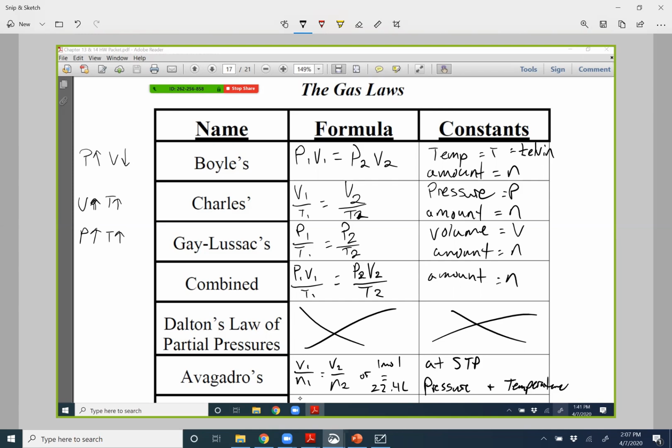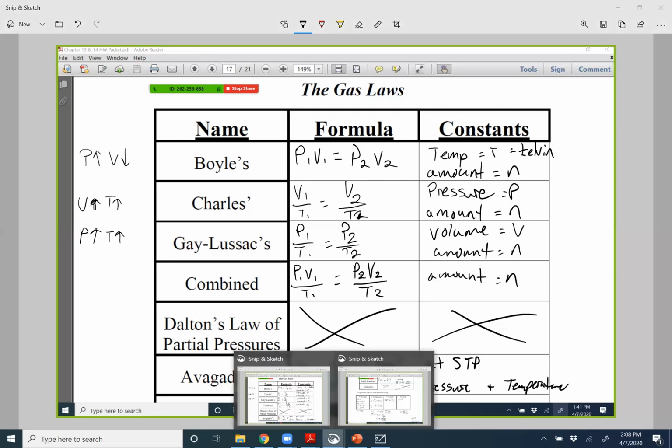If you double the temperature, you double the volume, and if you double the temperature, you double the pressure. They weren't seeing that with degrees C, and degrees C has problems like negative temperatures, so we need to use the Kelvin temperature scale.